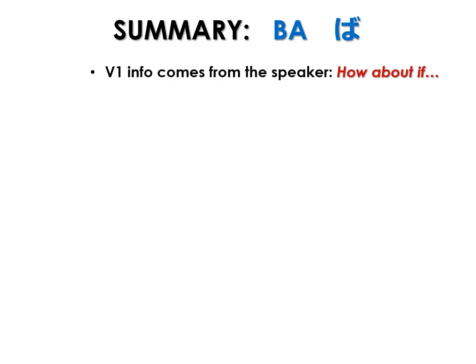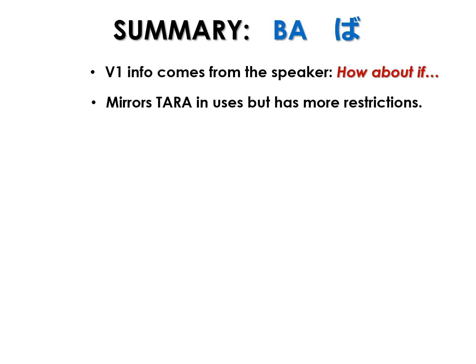To summarize, with a ba conjugation, the information in the subordinate clause originates from the speaker. This is in contrast with the fourth conjugation, nara, where the information in the subordinate clause comes from the listener. The ba construction has many overlaps with tara, but has more restrictions.